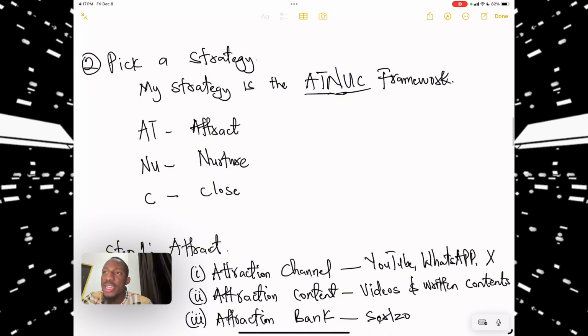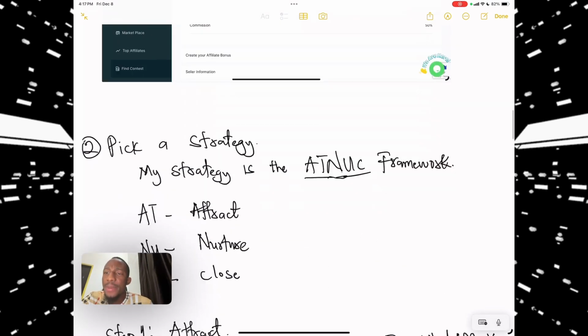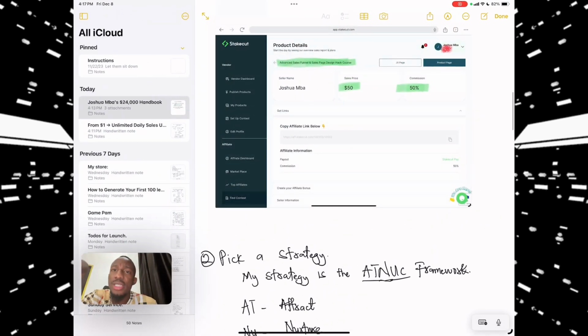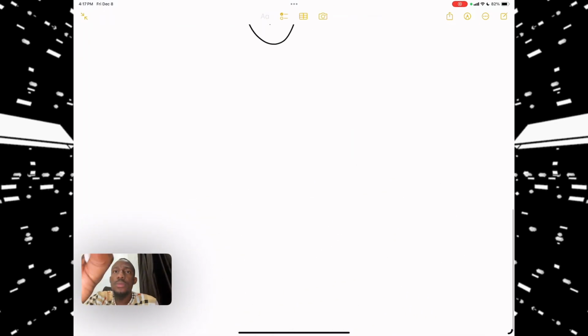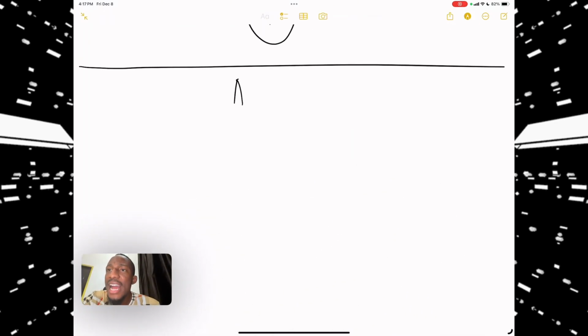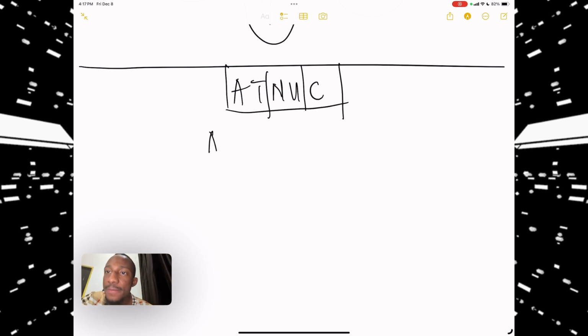So our strategy for this is the ATNUC framework, and let's talk about the ATNUC framework briefly on the other side of my document. Okay, so the ATNUC framework, of course, you guys already know. I did a video recently and I shared it on Twitter, and I hope you guys saw it. It is attraction, nurturing, closing. You attract first. That's the strategy we're going to use.